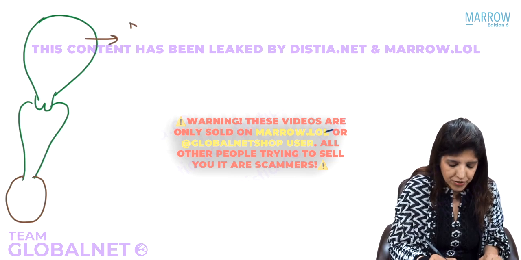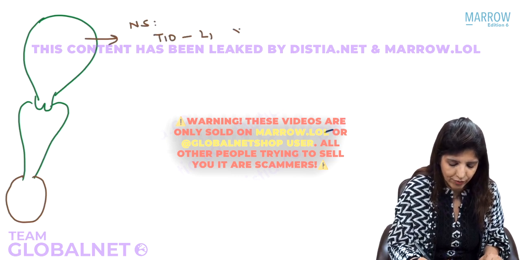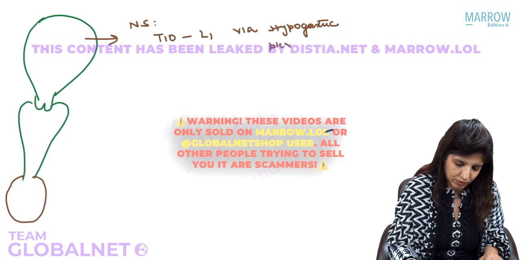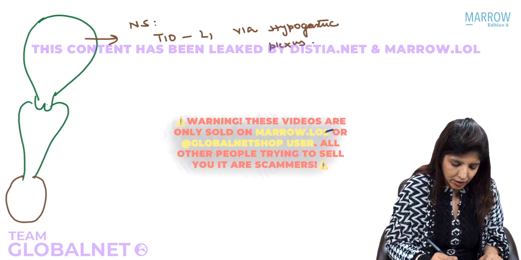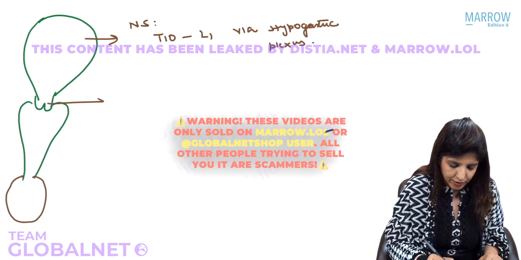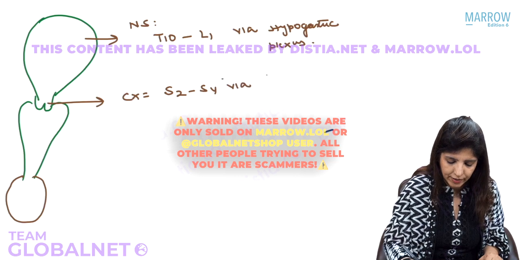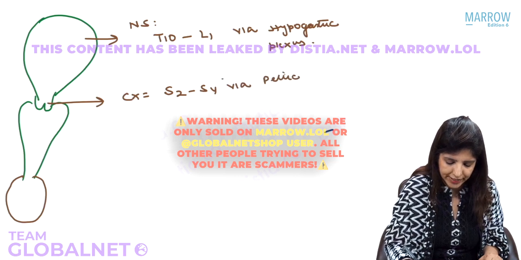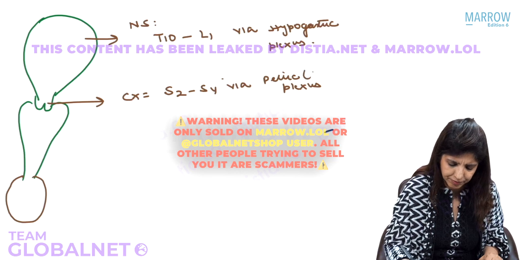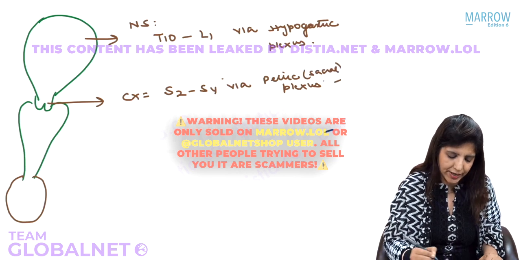Now, the nerve supply of the uterus is from T10 to L1 via the hypogastric plexus. The nerve supply of the cervix is S2 to S4 via the pelvic plexus or the sacral plexus, right?